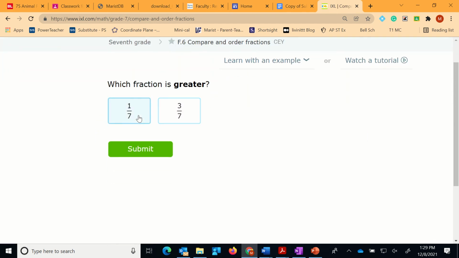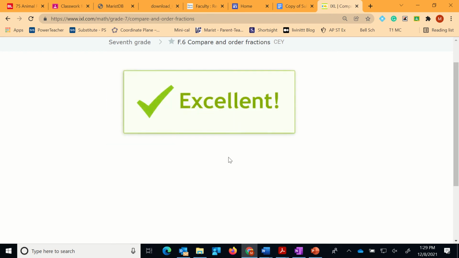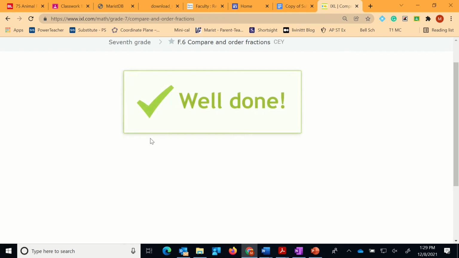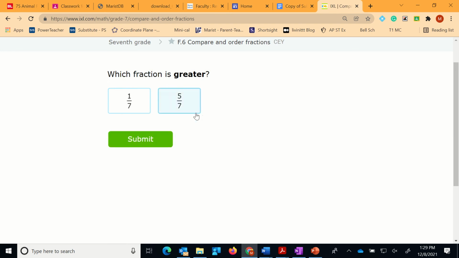Same denominator, higher numerator, 3/7 is greater. 8/11, 9/11, again, same denominator, higher numerator, 9/11 is greater. Oh, less, excuse me. Read carefully. Which one's less? That one's less. Don't get in a hurry like me. Which fraction is less? Which fraction is greater? 1/7, 5/7, same denominator, higher numerator, 5/7 is greater.